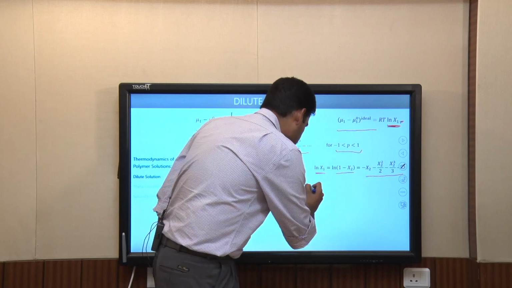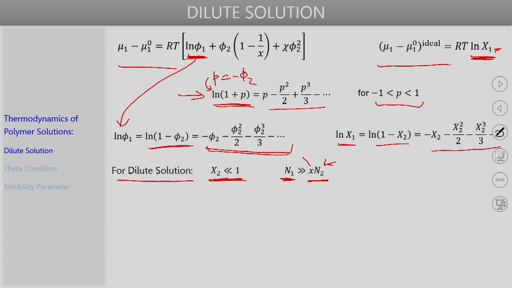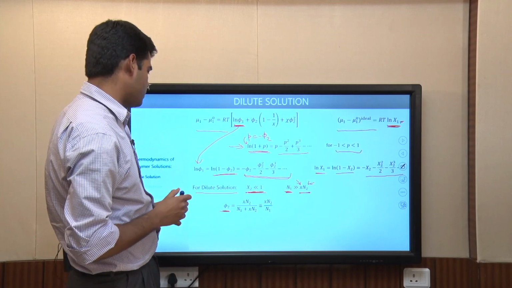Here N2 is the number of molecules of polymers present, and X is the number of segments in one polymer molecule. So, the dilute solution condition basically means that the number of solvent molecules is much larger than the total number of polymer segments present in the solution, and of course it also implies that the mole fraction of the polymer is much smaller than 1. So, using these two assumptions, we can actually simplify the expression for the volume fraction phi 2 of the polymer in the solution.